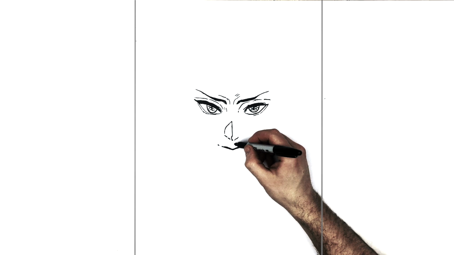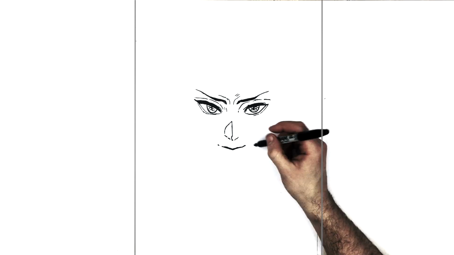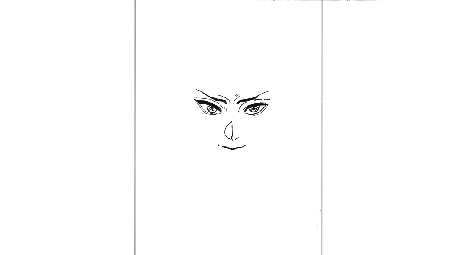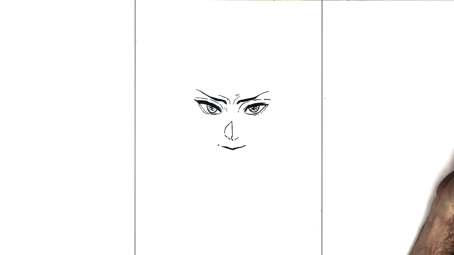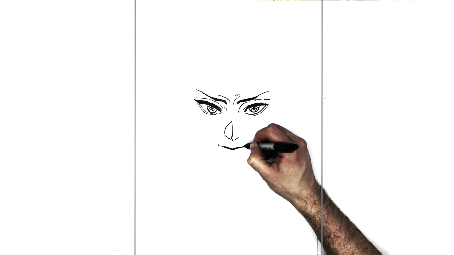And they're real thin on this side, so it's a heavier line in the center. Kind of like that. And the smile line sort of stops on the inside of his eye, just there.